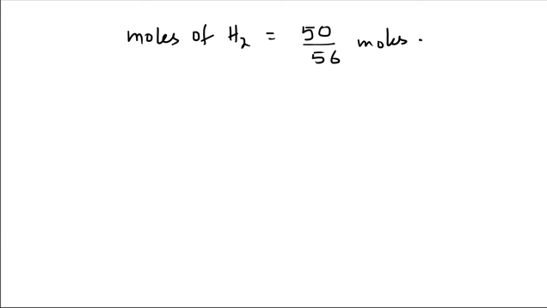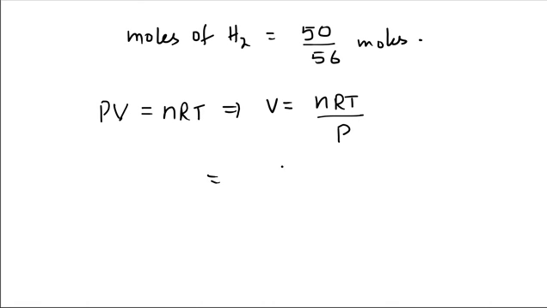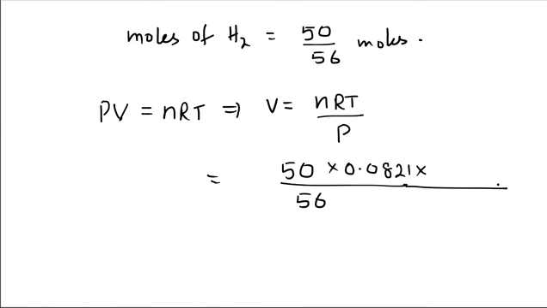So now we got the moles. Now let's find out the delta V. What is the delta V here? Volume of the gas minus volume of the liquids, which is basically negligible. So to find out the volume, what is the equation? Ideal gas equation, PV equal to nRT. So from that I can say V equal to nRT divided by P. We have n value 50 divided by 56, and R value we know is 0.0821, and temperature, what is the temperature?